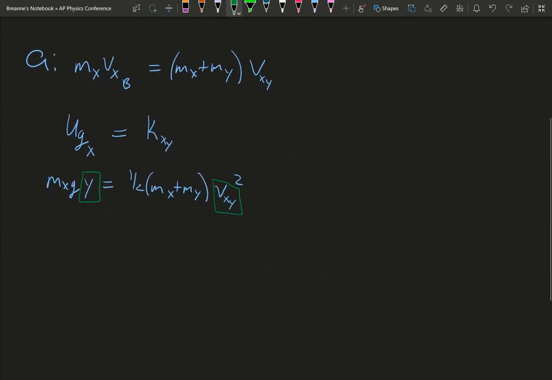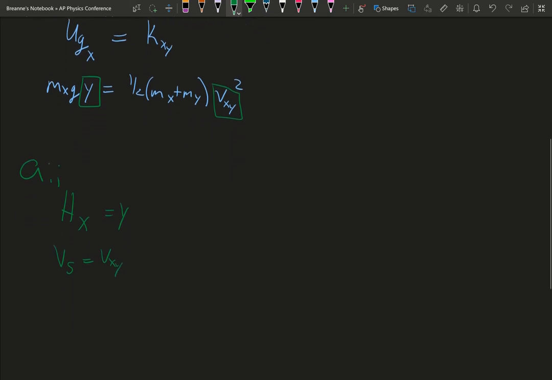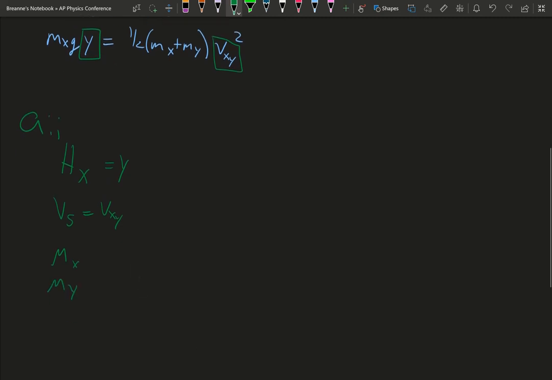So for A-II, we're looking for an equation, and the only things that we can use are h, which would be equivalent to our hX, and the speed of the two-block system. They're saying Vs, we kind of already called that Vxy, so just showing that they are connected. And then we can use our MX, MY, and any fundamental constants would be gravity, theta, mu.